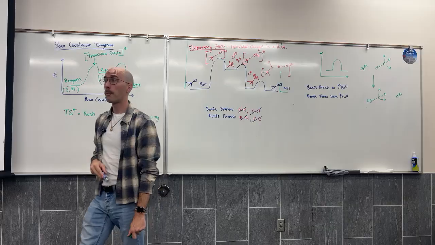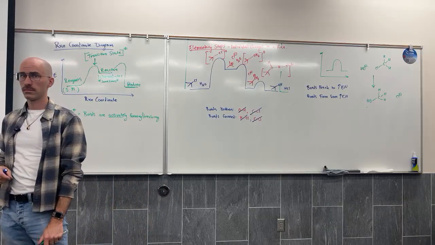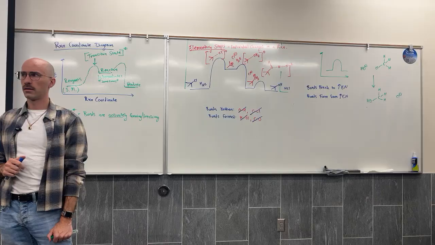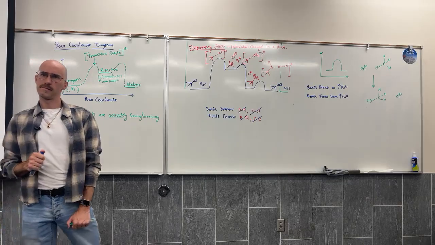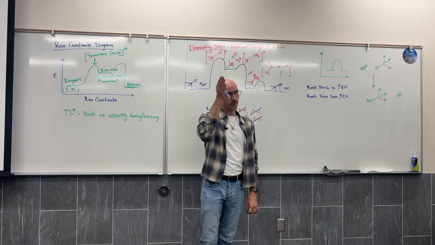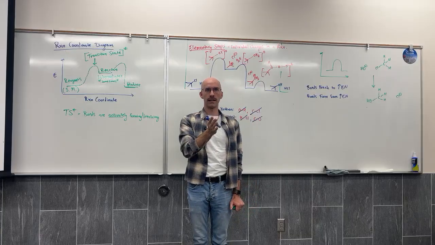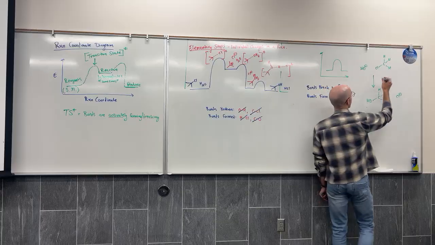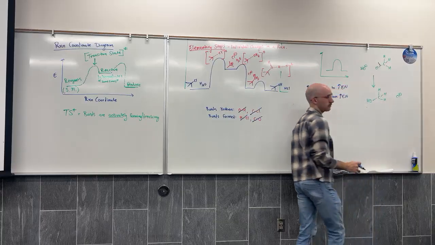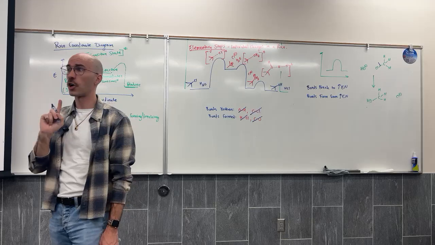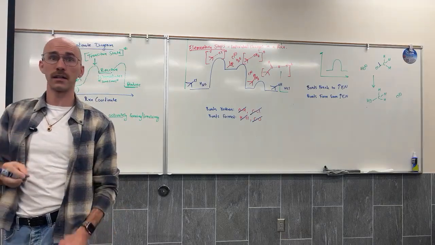Carbon-chlorine bond breaks. How many electrons in the bond between carbon and chlorine? 2 electrons. Because that's what we've agreed a line means. A line means 2 electrons. So here are the electrons. That's the start of my arrow, because those electrons are no longer going to be bonding electrons.